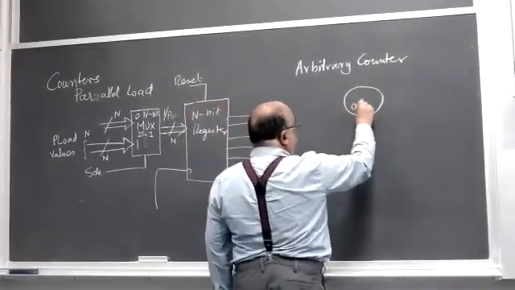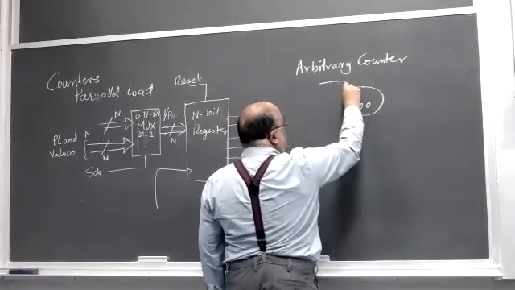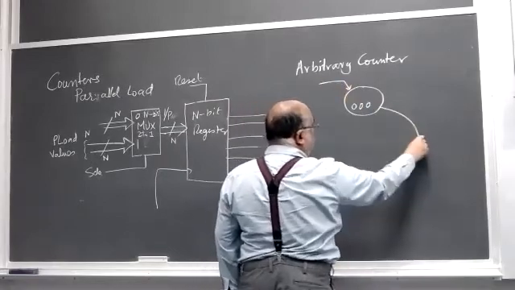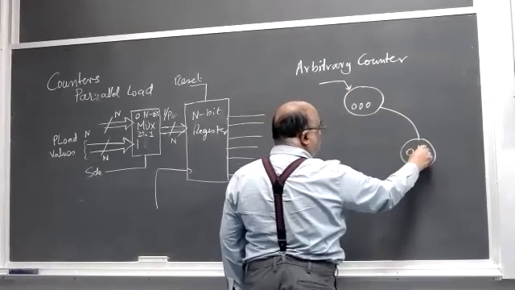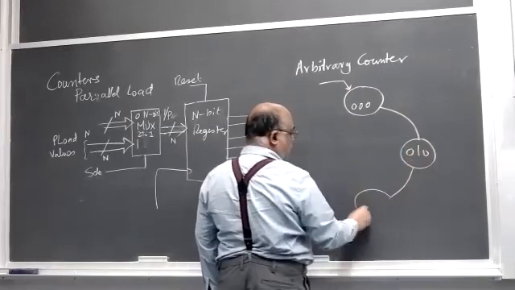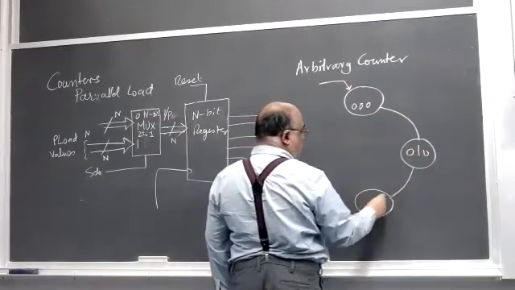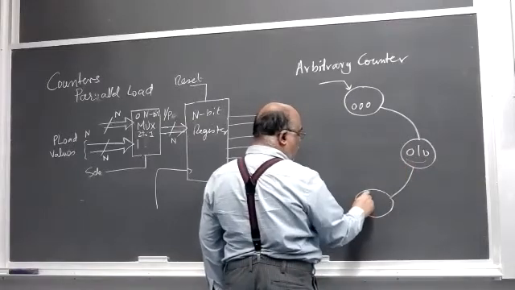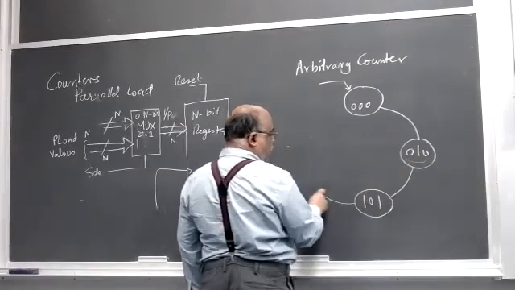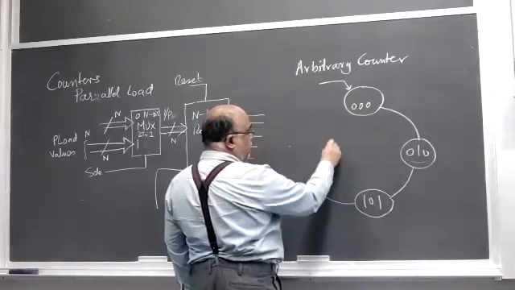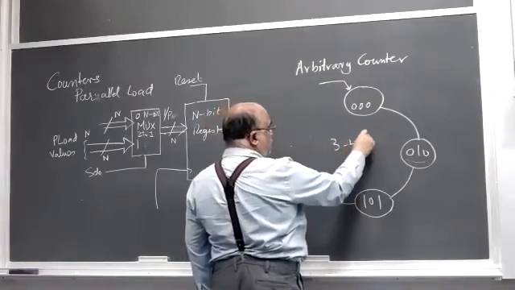Usually it starts from 0. It can count any sequence like 0, 1, 1, 0, 1, 0, 0, 1, 0, 1. This is a 3-bit arbitrary counter.